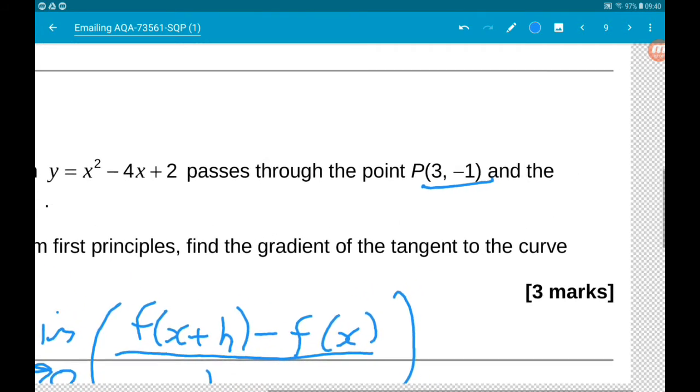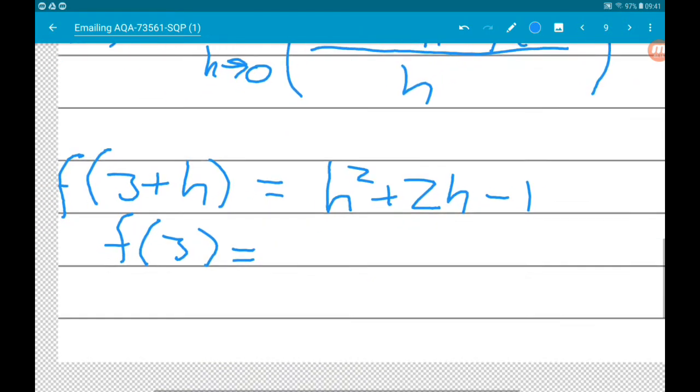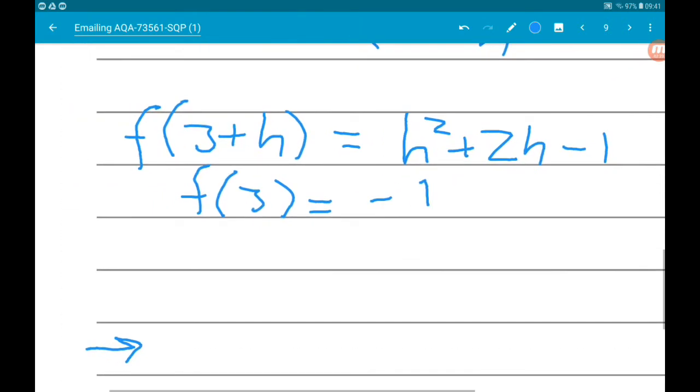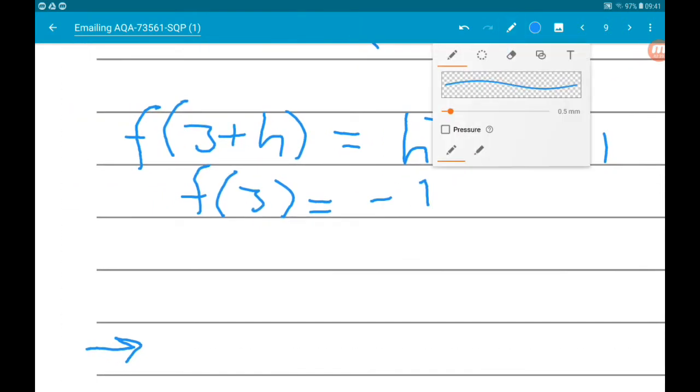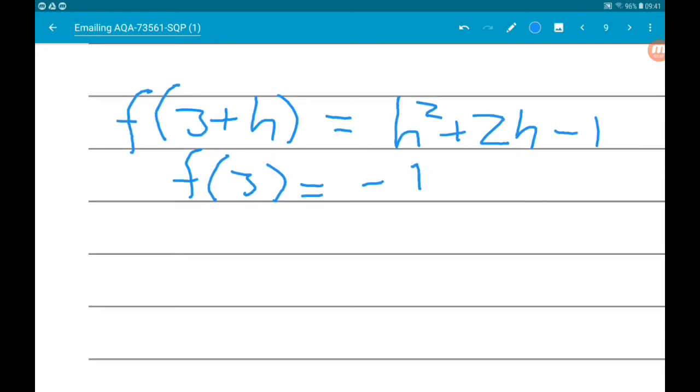So we know the coordinates of point P are (3, minus 1). So f of 3 is minus 1. We want the gradient at the point where x is equal to 3.